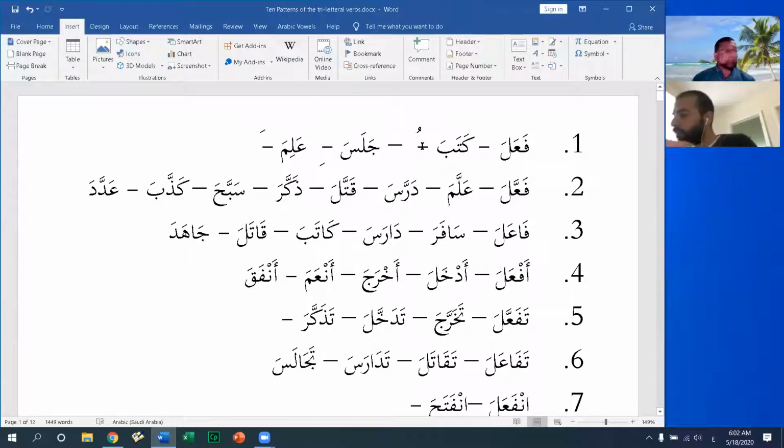I put these three examples here because in the present tense, kataba has yaktubu. The ain of the word will have a dhamma, and jalasa will have a kasra. Jalasa yajlisu, and alima, the lam, which is the ain of the word, will have a fatha.